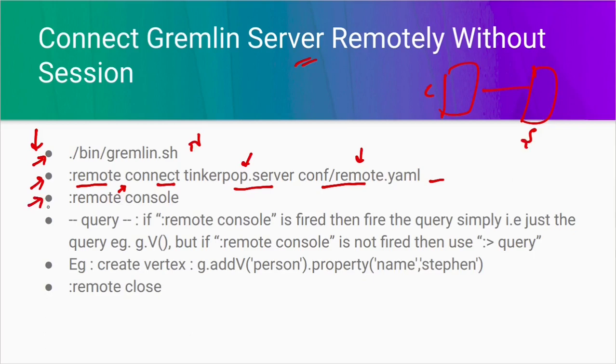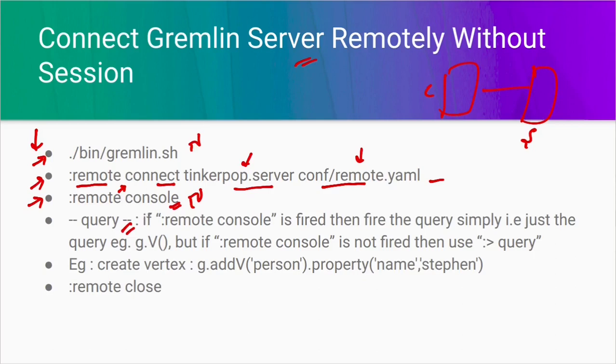The third step is just a mode. It is an optional step. What this particular command is doing is shifting the Gremlin console mode from local to remote. That is, if we fire this command and then fire any Gremlin query after this, all these queries will be directly given to the server.